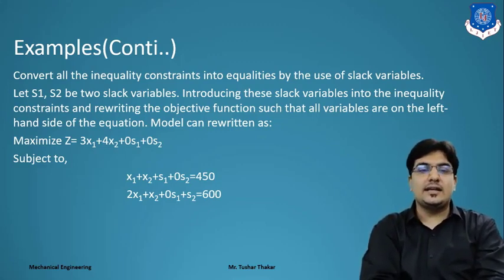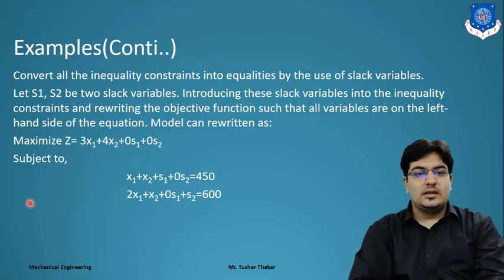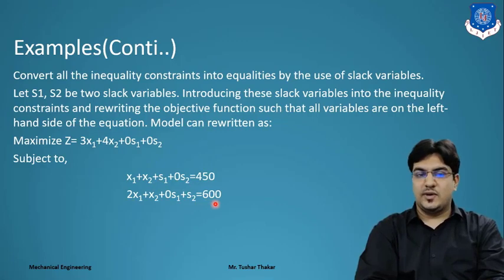So we can write both equations as x1 plus x2 plus s1 plus 0s2 is equal to 450, and 2x1 plus x2 plus 0s1 plus s2 is equal to 600.